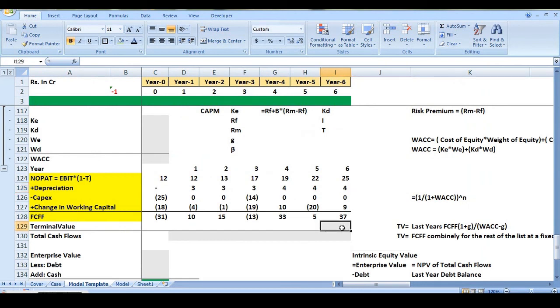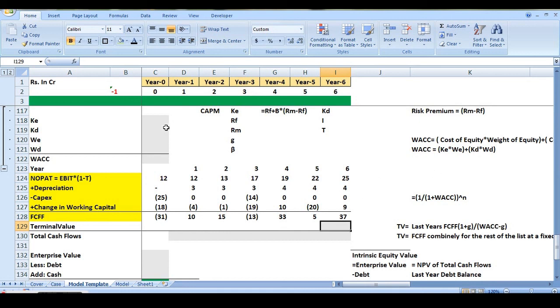Terminal value calculation in a two-fold DCF model is calculated this way: last year's free cash flow to firm, which we already have, times 1 plus G, that is growth rate, divided by WACC minus G. WACC is the weighted average cost of capital and G is the growth rate.